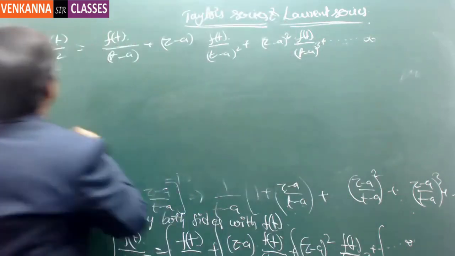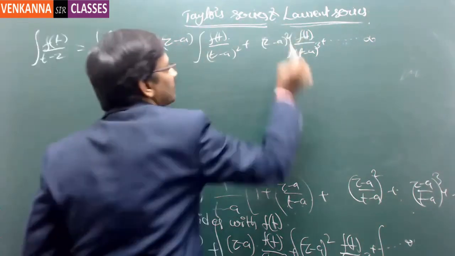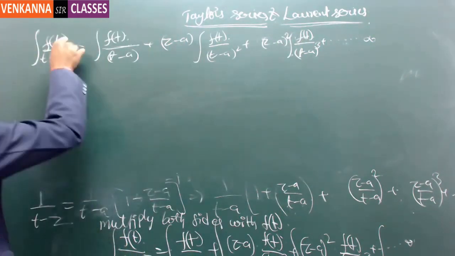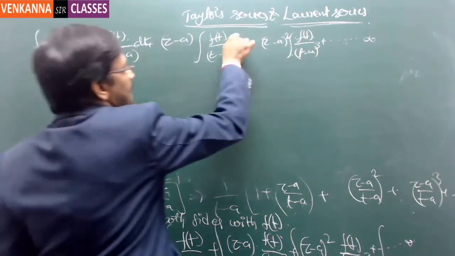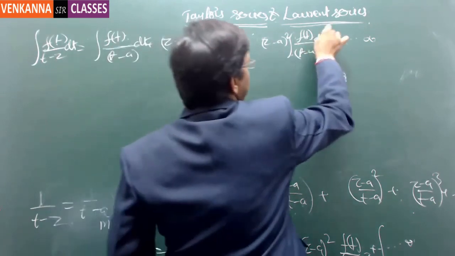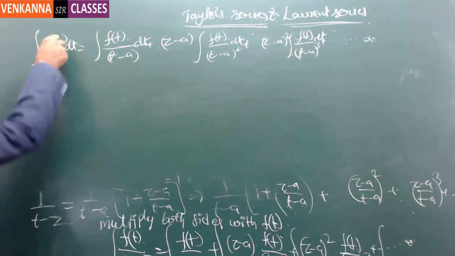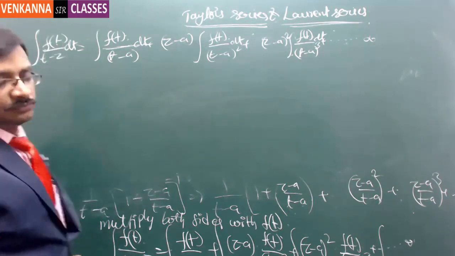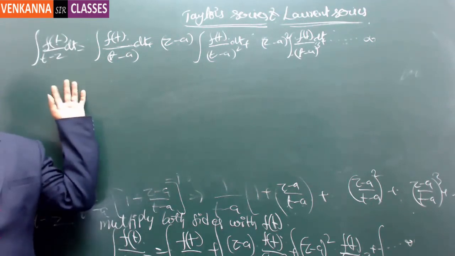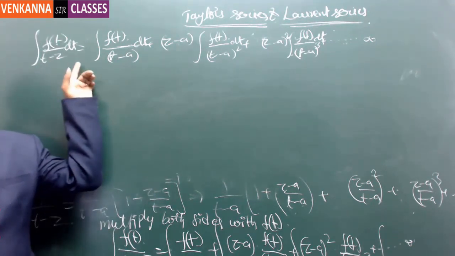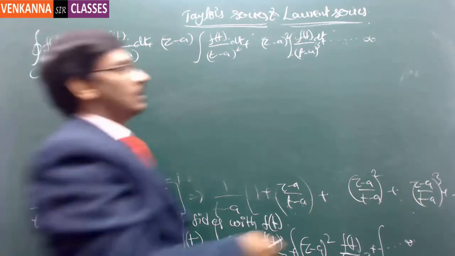Now if you integrate on either side with respect to t only, what is the value of this integral, f of t divided by t minus z dt over the closed contour C?